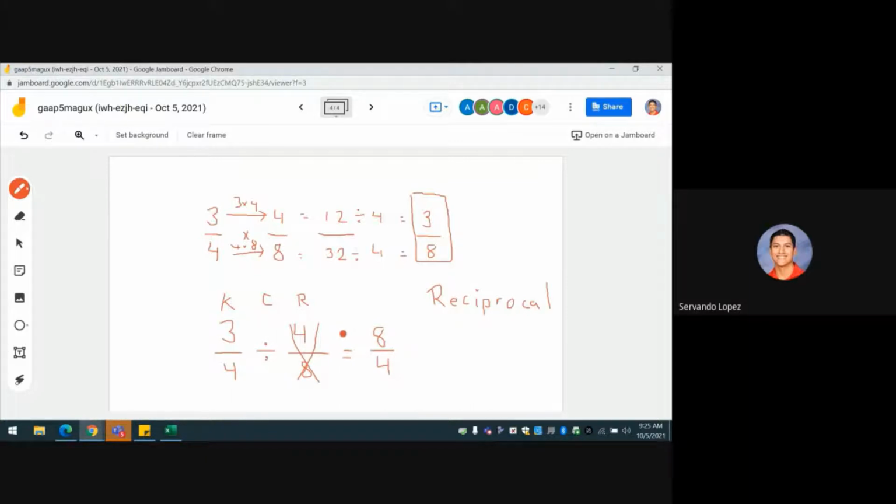That's just the proper name for flip. And now this is my new setup. I also changed the division to multiplication.